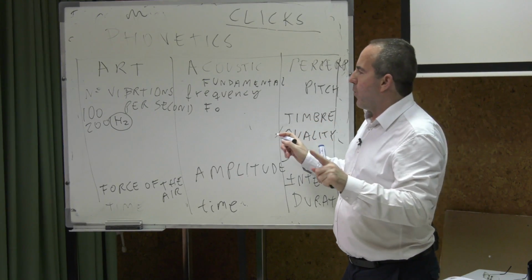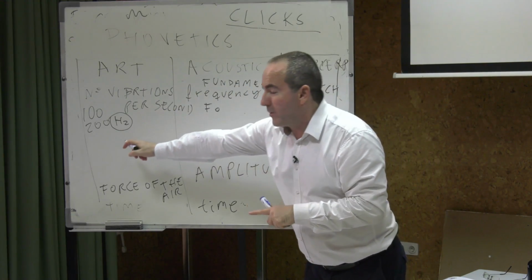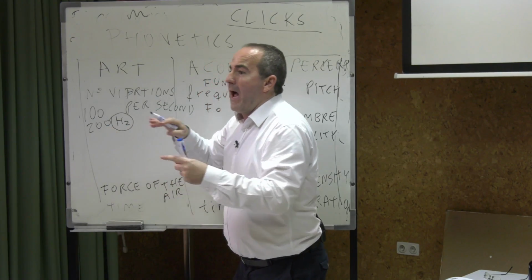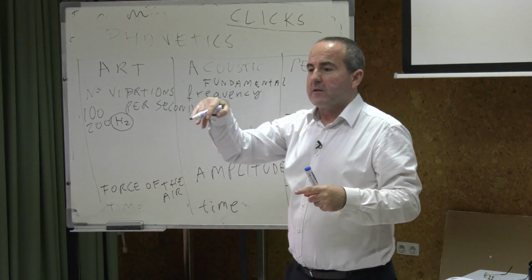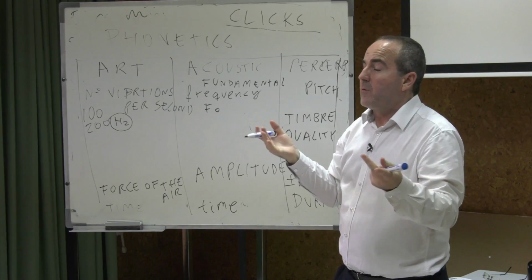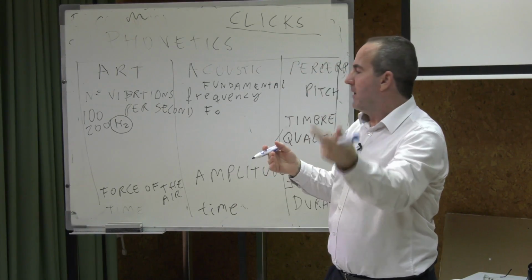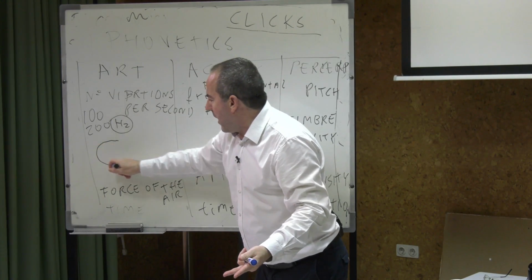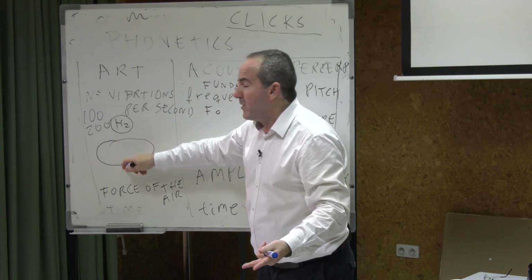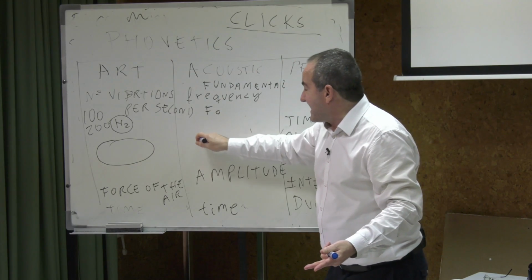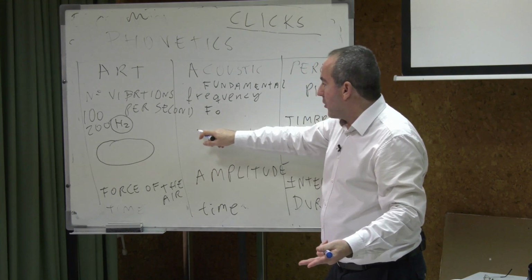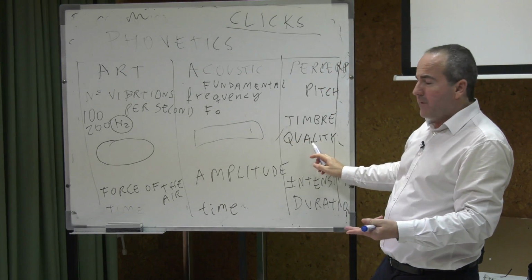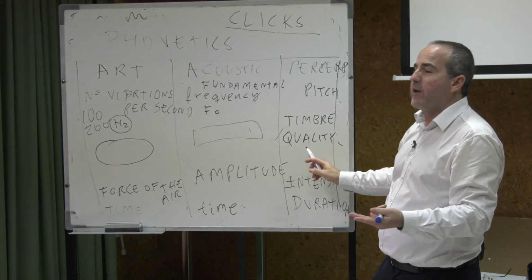Okay? And now, what does that correspond to articulatorily? It corresponds to how I place the articulators and where I place them and what kind of sound it is, oral or nasal, because it depends on how I locate my articulators. The acoustic signal, the kind of sound that I'm going to produce, is going to be different. And this is going to be perceived as a different timbre, a different quality.